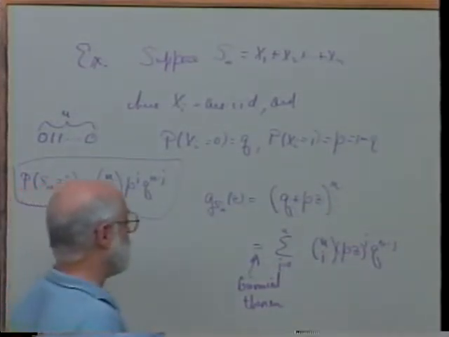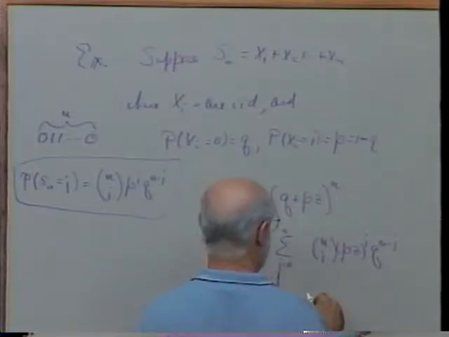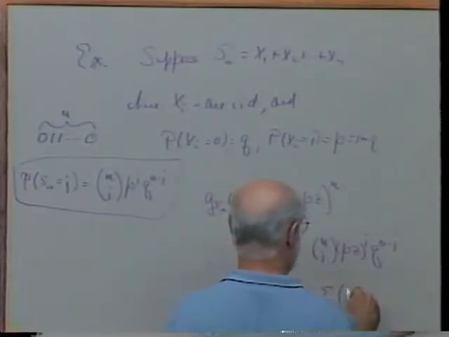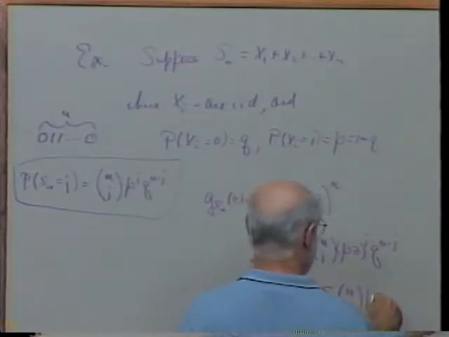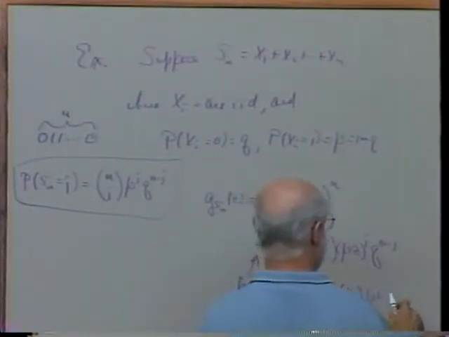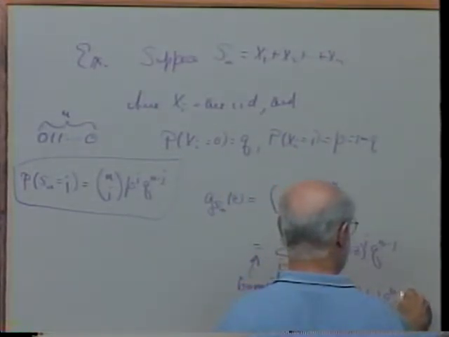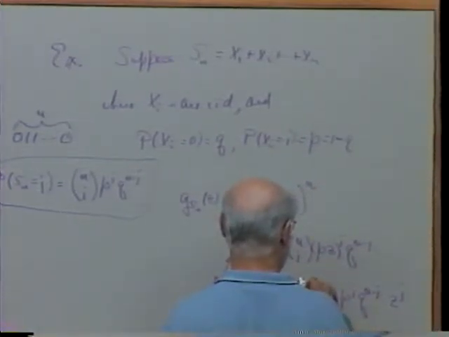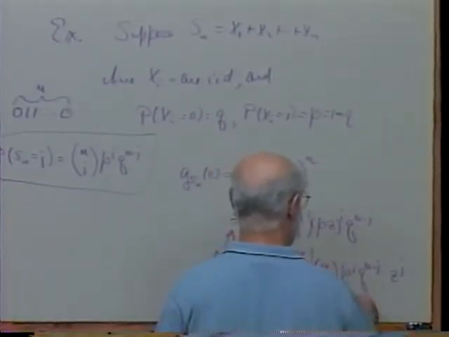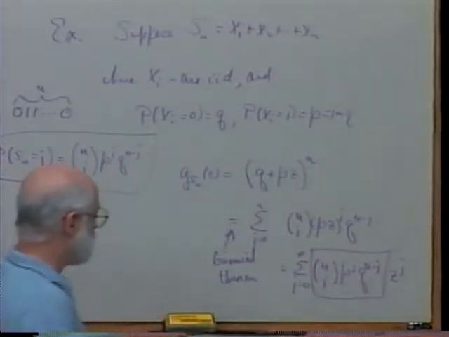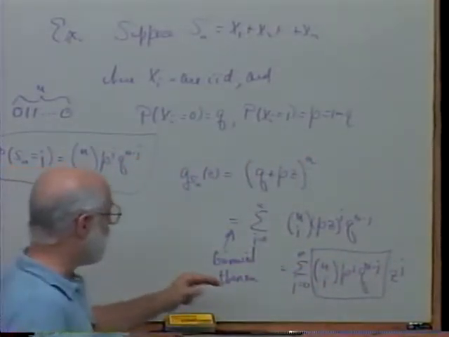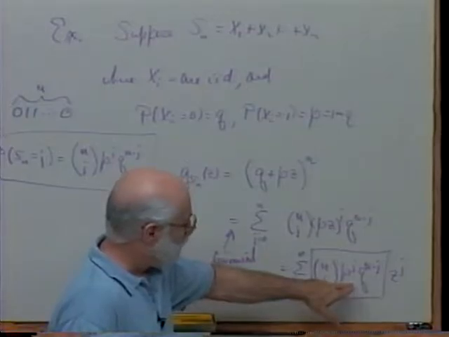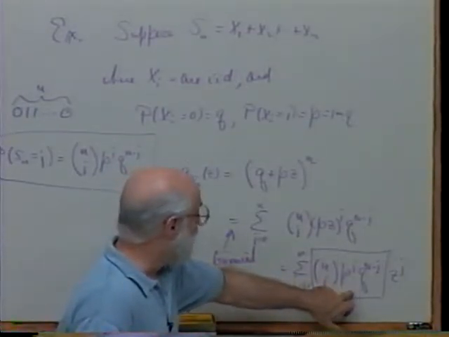And then what I'll do is rewrite this by simply factoring out the z to the j. And so I see that what I have is a generating function that generates the binomial distribution.